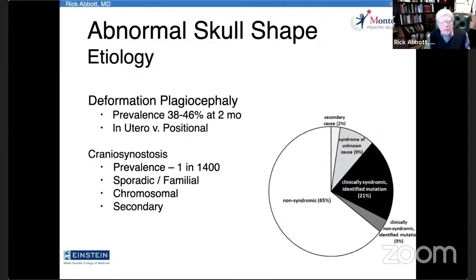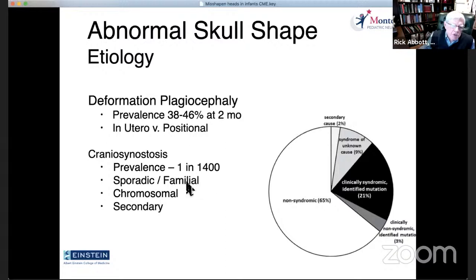Craniosynostosis, on the other hand, is rare. Its prevalence is about 1 in 1,400. The majority of the cases are sporadic. But I'm sorry, approximately 8% will be familial with an autosomal dominant inheritance.